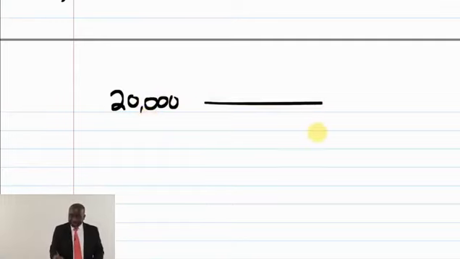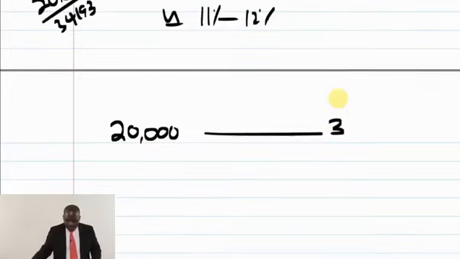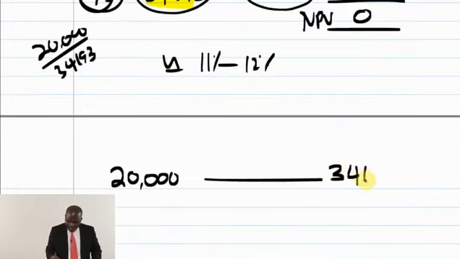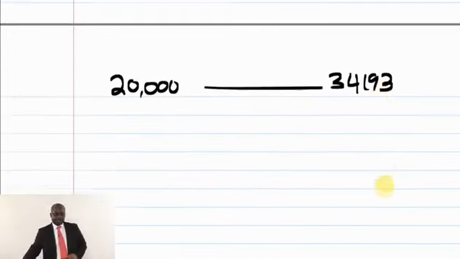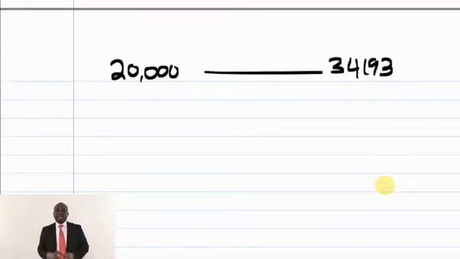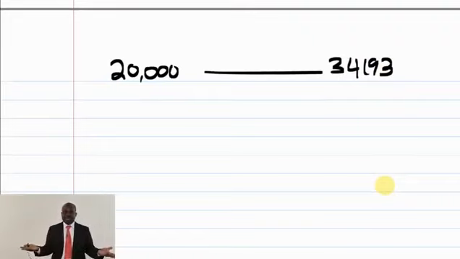You invested 20,000 now, and after 5 years, you got 34,193. Why that increase? That increase is the return that you made. So what was the average return? That's the internal rate of return.